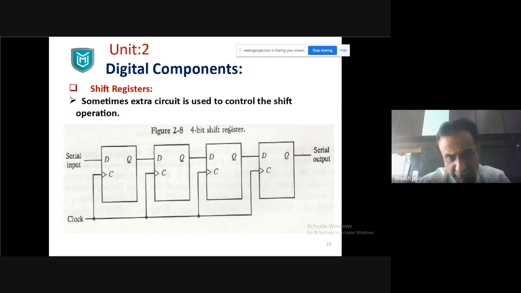Now, why do we call it a shift register? Let me tell you. Initially, let us assume you have the values 0, 0, 0, 0. All the values are 0, right? Now, when I put 1, what happens? 1 is passed here. It becomes 1 here, and the remaining values are 0. Then when I put one more 1, this 1 goes inside. So here it is 1, 1, 0, 0.